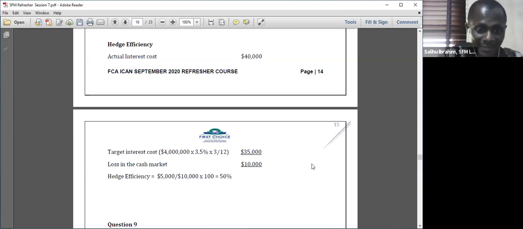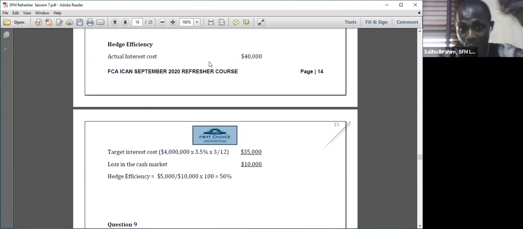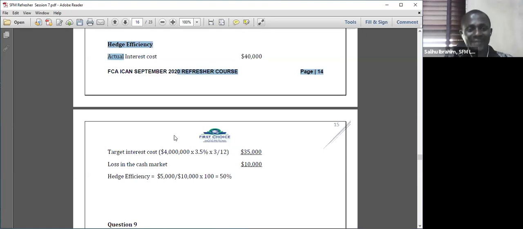So what is the loss on the cash market? The loss on the cash market is computed by comparing the closing interest payment with what? With our target. This is the actual interest cost, the one we computed above. And our target is to pay interest at 3.5%. That is our current interest rate. Right?